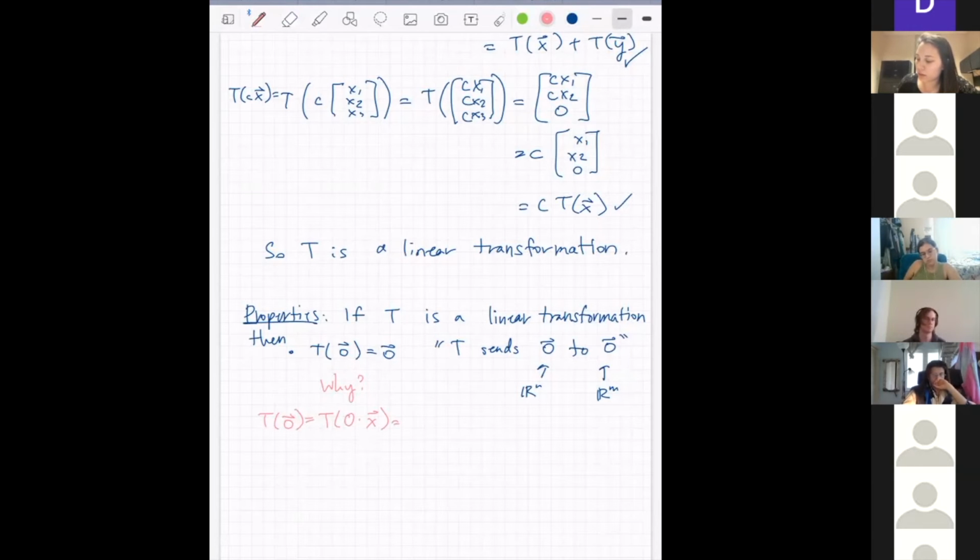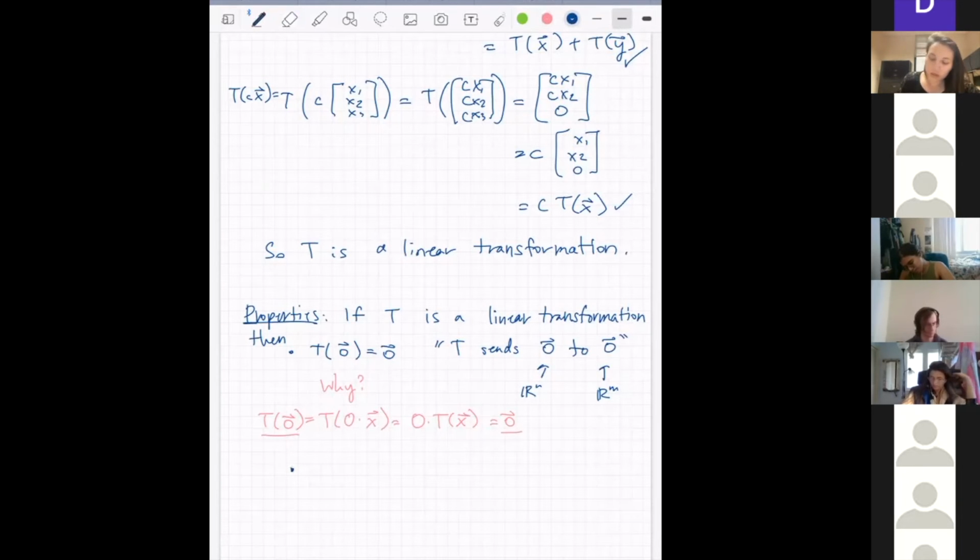And then we also have that property where we can pull out a scalar, so T of 0 times x is equal to 0 times T of x. And this is just a vector, and we multiply all of its entries by 0. So again, we get the 0 vector. And so this means that T of the 0 vector is always equal to the 0 vector. Okay, so that's good to know.